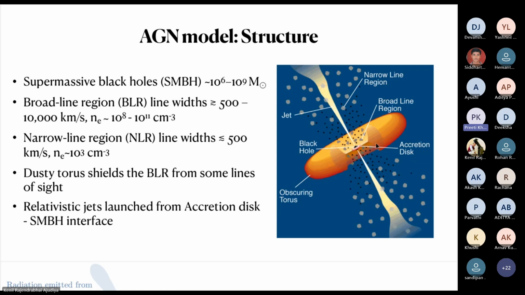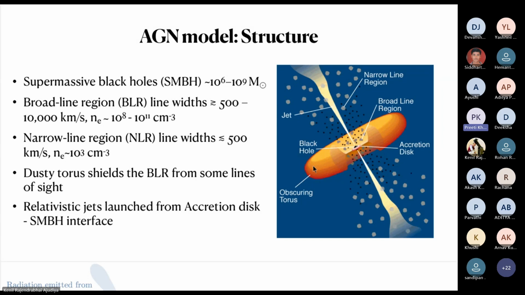Further away, there are these gray clouds which are moving, of course, slower compared to the broadline clouds. These are the ones which give rise to the narrow lines. So these different regions are called the broadline region and the narrow line region. And there is this orange looking structure, which is likely to be, or rather is, dust and molecular gas.